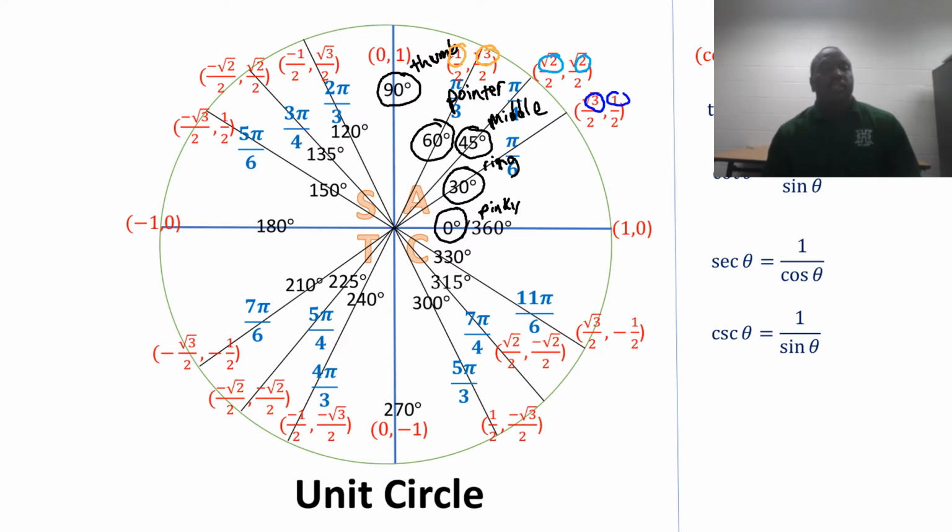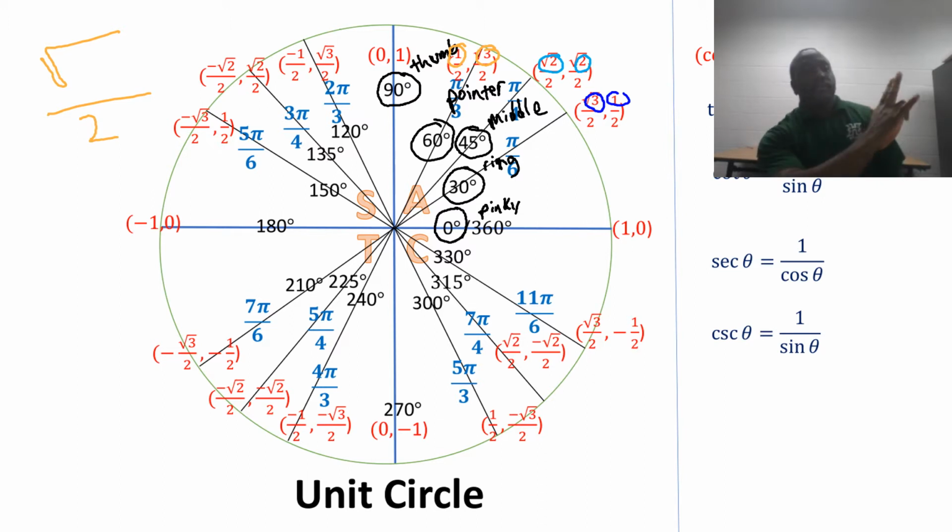So let's say I asked you, for example, what the cosine of 30 degrees is. Well, you say, okay, 0, 30, 45, 60, 90. You fold down the 30 finger, and we know that it's 3 and 1. So we just have to remember the square root. We are always going to pretty much have 2 in the denominator.